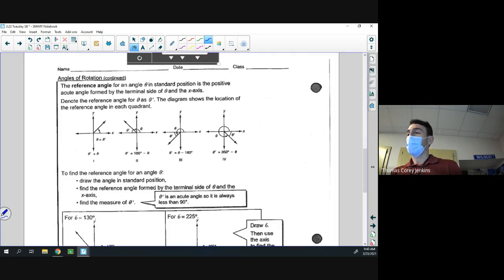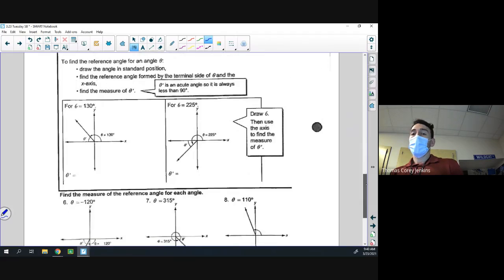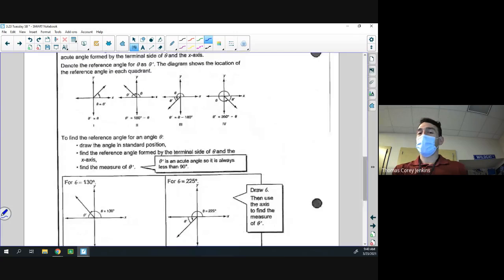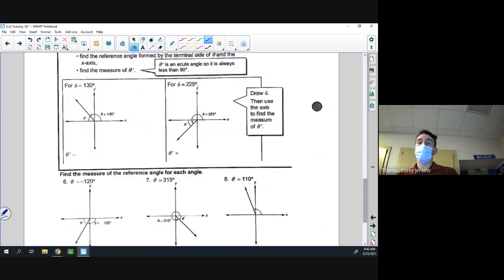Always measured as a positive angle. It gives us how we can find them in the first quadrant, second quadrant, third quadrant, fourth quadrant. But I think it's probably easiest just to be able to see it. Okay, so let's look at a couple together.